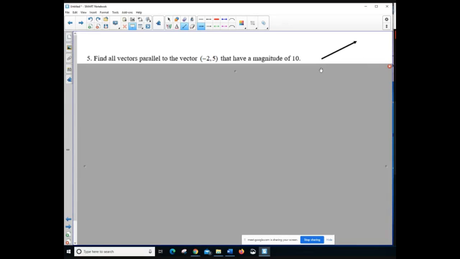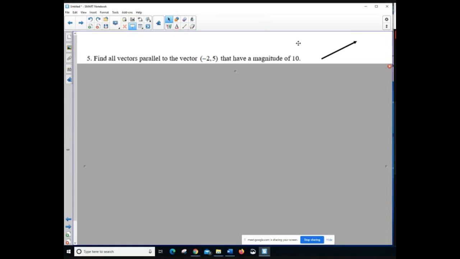In this direction, there's only one vector in the same direction that has magnitude 10. But of course, parallel doesn't necessarily mean in the same direction, it could also be in the opposite direction. So it makes sense that there's only 2 vectors that would be answers to this question.